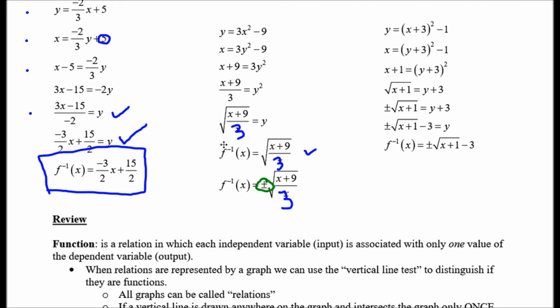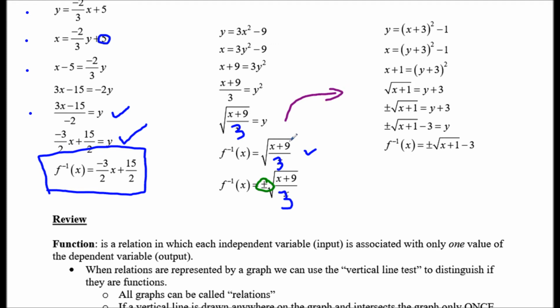If you type in the square root of 9 on your calculator, it will only give you positive 3 as an answer. So if you were to graph this, and go ahead and graph this for all I care, what you're going to find is it's only going to give you the top half of the equation. You're going to see this.